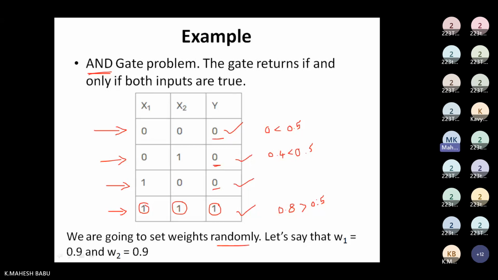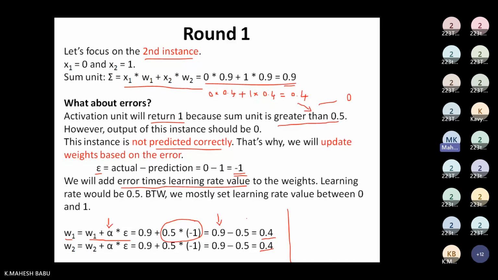That correction is so important here. We need to do corrections by using this particular function or formula: actual output minus our predicted value. Separate these two and we'll get some value. That value is the correction, which is added to the existing weights using this. So these are the only things we need to remember here.